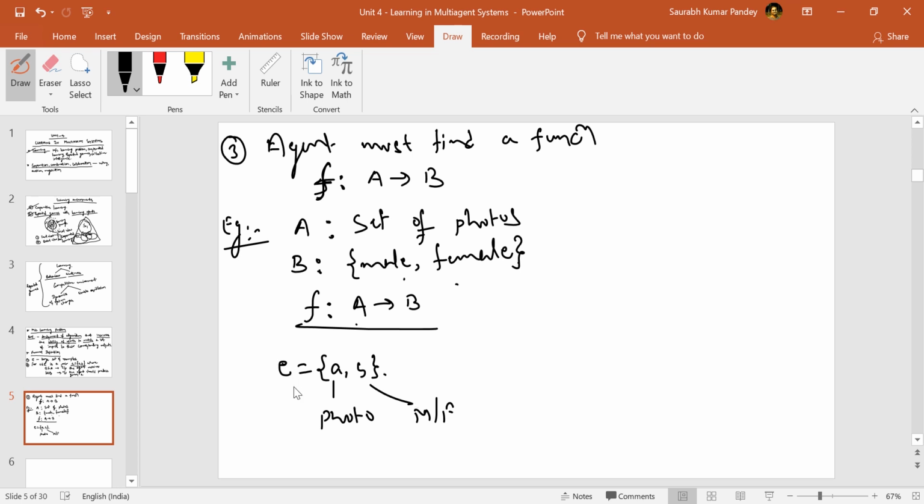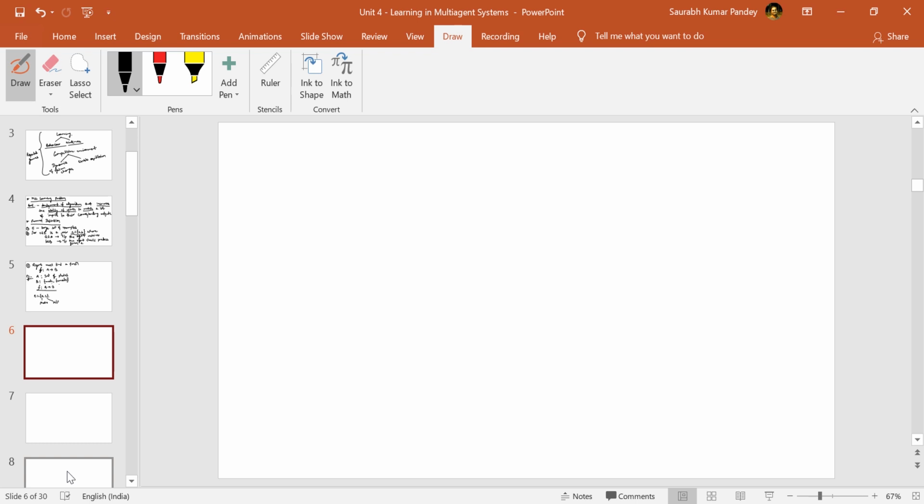So E is the mapping, and this mapping can be defined with the use of this function f, that is from A to B. Fine. So this is how you can formally define your machine learning problem.